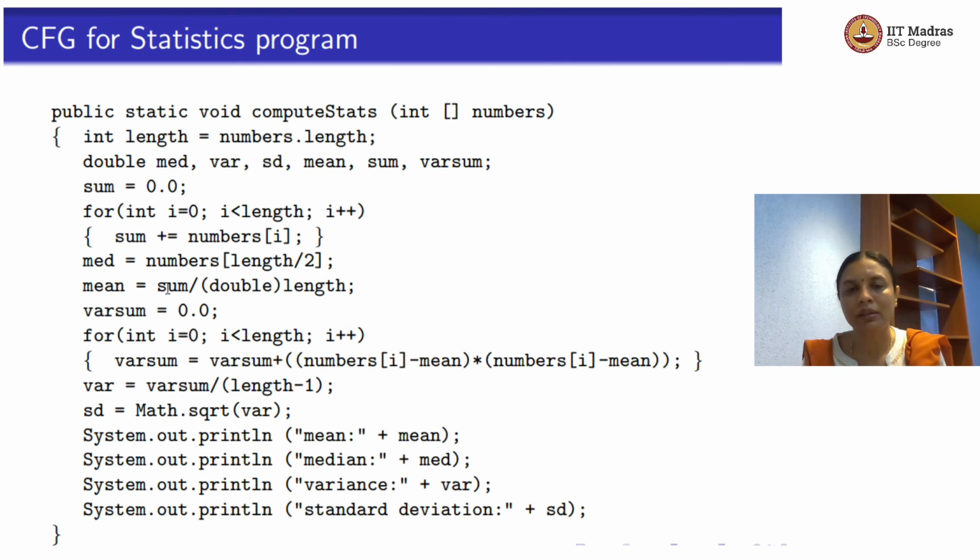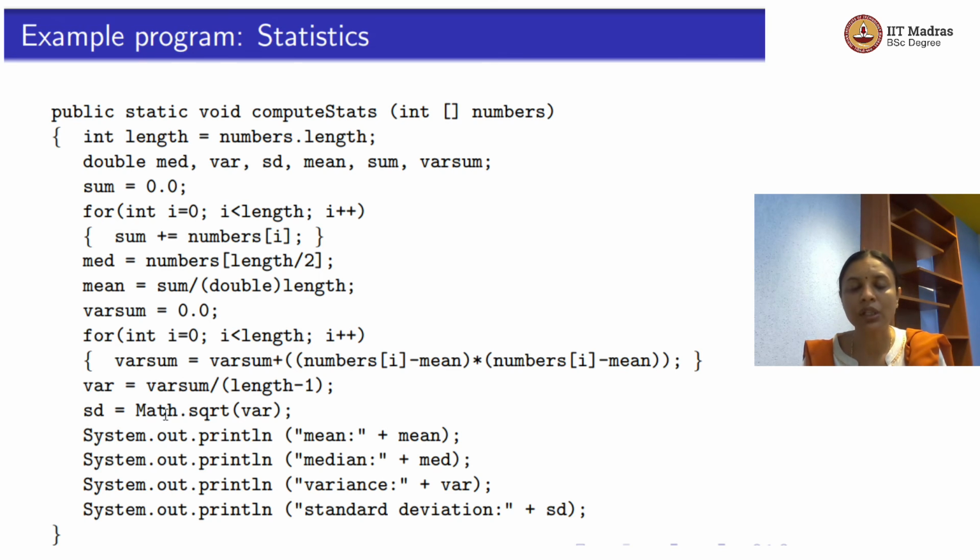Mean is nothing but the sum divided by the number of elements. Now it goes into the next for loop. For that, it initializes a variable called var sum to 0, and it computes var sum using the standard statistics formula. Once it exits the for loop, it says variance is var sum divided by length minus 1, and standard deviation is the square root of variance. And then it has these print statements where it prints these values.